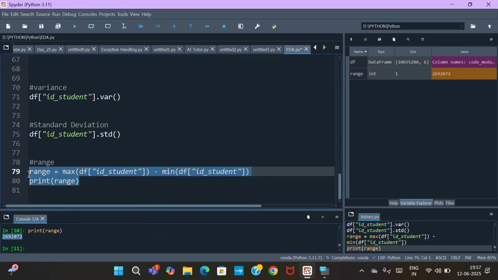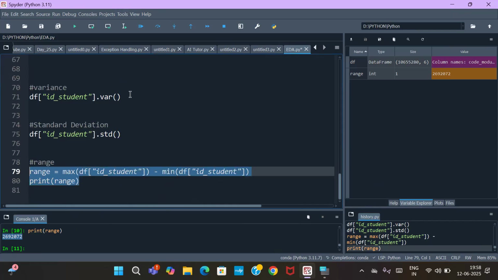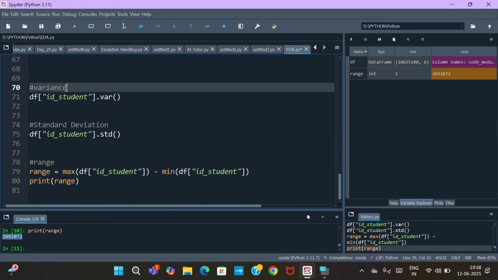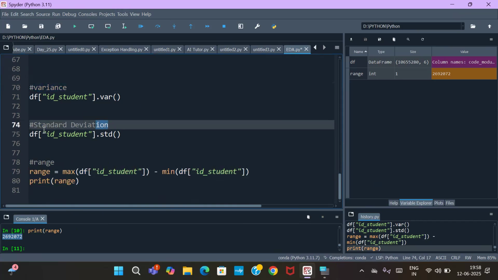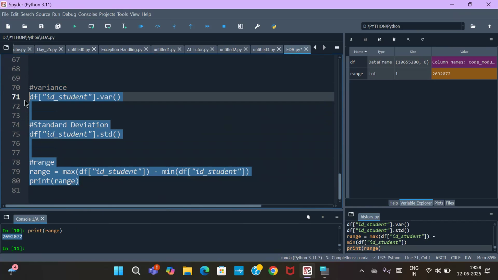So these all things were there. In second moment of business decision, we have understood the formula behind standard deviation and the formula behind range. And we have also discussed the basic syntax, how we can write in Python. So this is all for today.